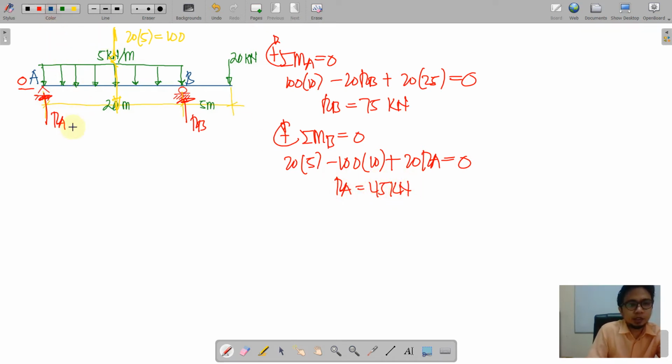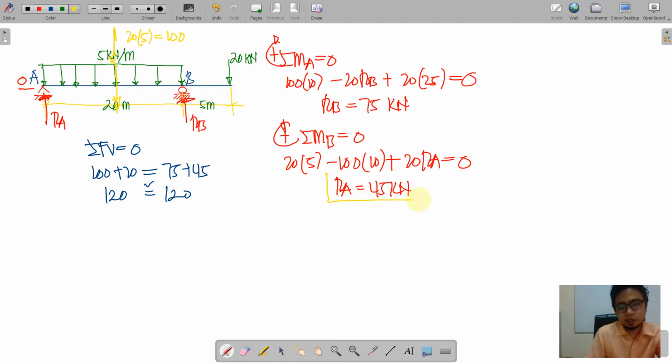So if you're going to check our reaction, from this summation forces vertical, we have downward 100 and another downward 20. So is this equal to 75 upward and another 45 upwards? Okay, so this is 120. So I think this is also 120. So it is really equal to 120. So therefore we are now assured that our reaction here is correct.